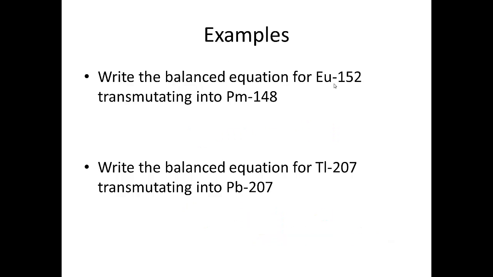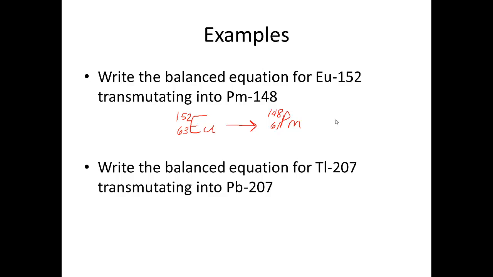Okay, here's another one. Let's just figure out, what did I start with? Europium 152. Find it on the periodic table. That's element 63. And you're asking yourself, okay, how did it change to promethium 148, which is atomic number 61? So you're looking for the missing piece, looking for what makes sense mathematically.